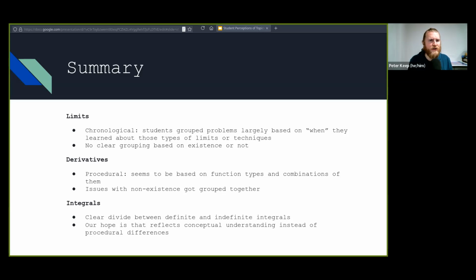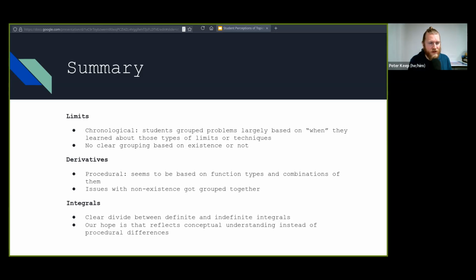And then our other group was things with trigonometric functions, which maybe don't get included until after students learn a little bit more about continuity, or maybe something that requires the squeeze theorem, which again is a later technique for students to learn. So it seemed like they were really focusing on when they learned it.